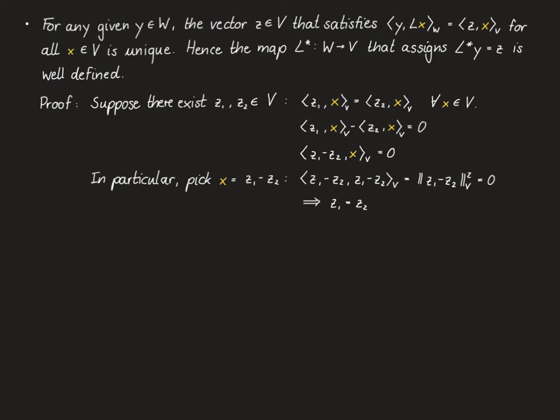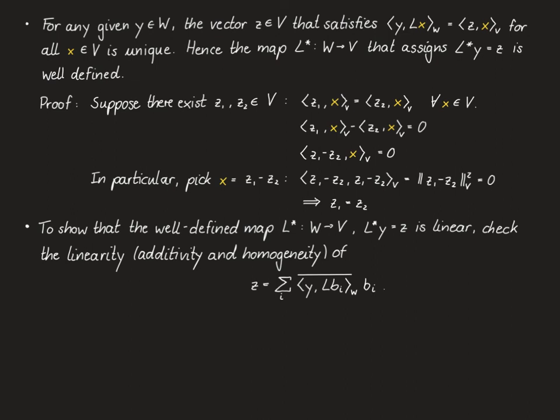Hence, we have proved uniqueness of the vector z and well-definedness of the map L star, and what remains to be shown is that L star is indeed a linear map. And to show that the now well-defined map L star is indeed linear, we can just check the linearity properties, so the additivity and homogeneity of this definition of the vector z.